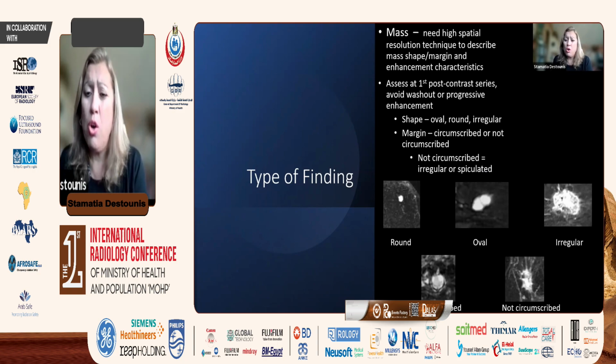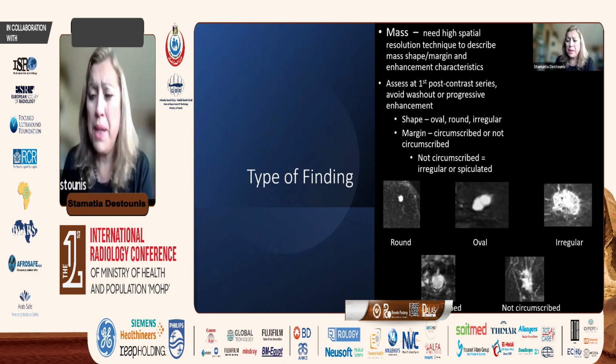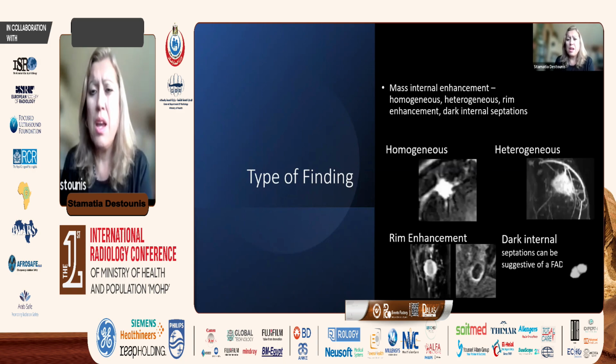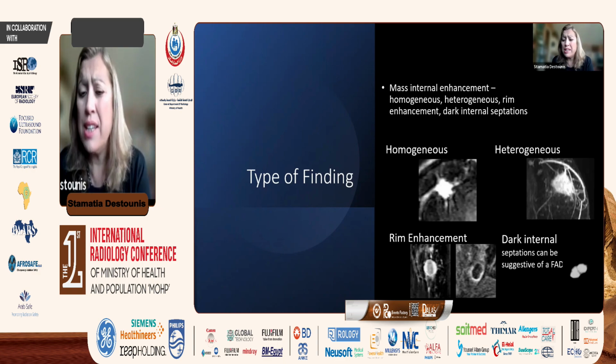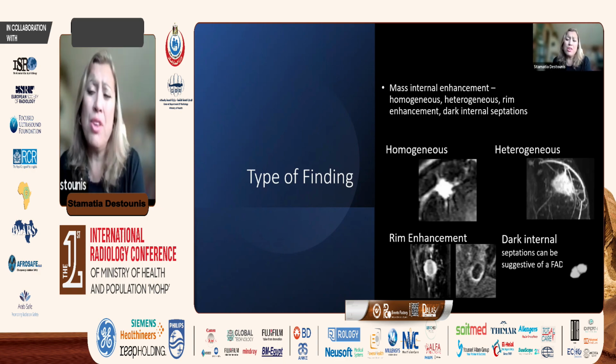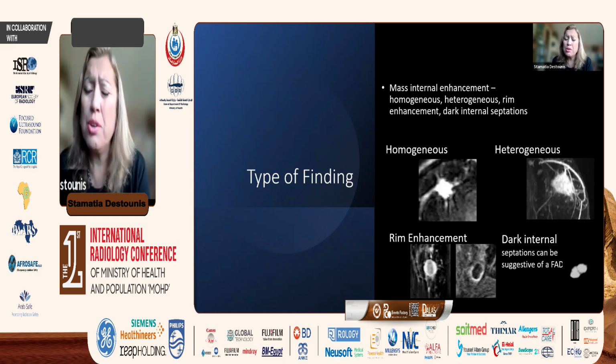So the shape may be oval, round, or irregular. The margin may be circumscribed or not circumscribed. And if we have not circumscribed margin, it may be irregular or spiculated. The internal enhancement of a mass may be homogeneous or heterogeneous, or may be rim enhancing. Now, any one of those three, homogeneous, heterogeneous, or rim enhancing, could be benign, could be malignant.